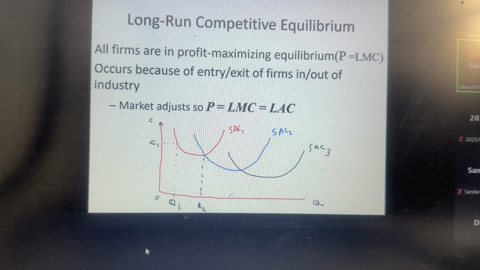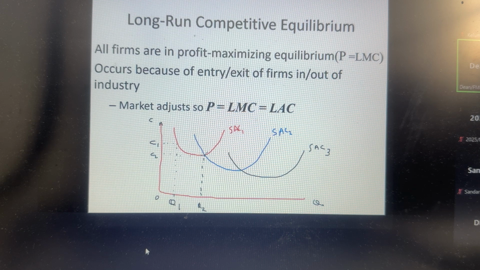To produce Q2 level of output, what is the better plant size? Okay, for both the plants, cost will be C2, right?